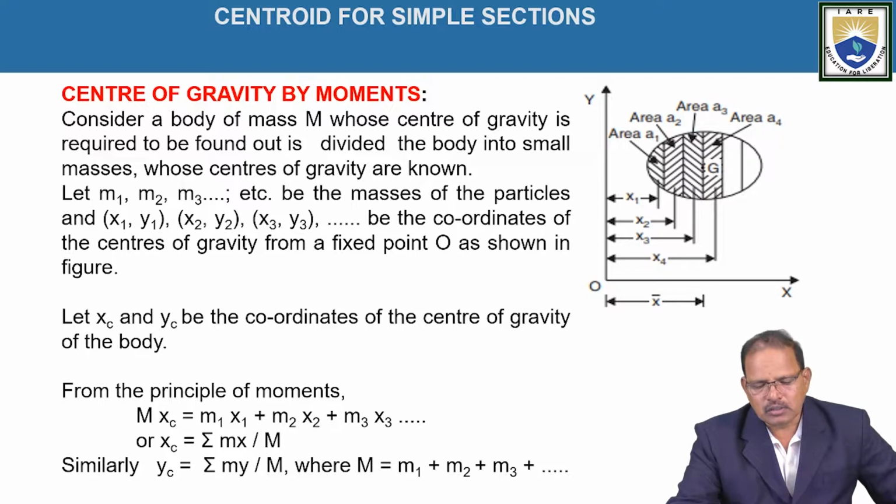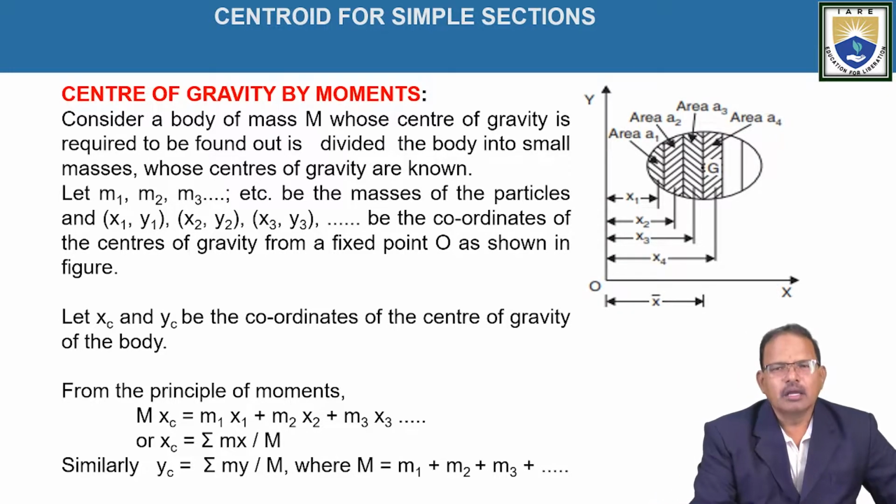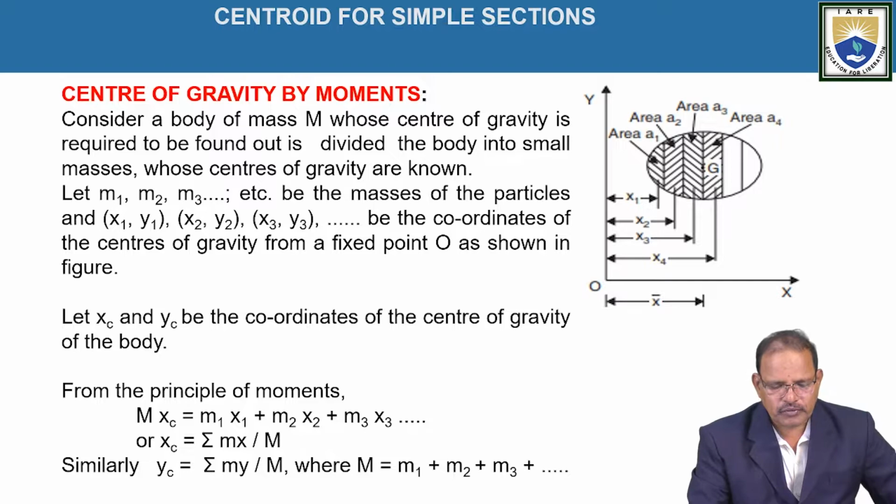Hence the moment created by the total weight at any point should be equal to the moments created by the segments having masses m1, m2, m3 or weights W1, W2, W3. Since g is a constant, we are assuming the gravitational field is uniform. Hence, according to the principle of moments, we can write M into xc equal to m1 x1 plus m2 x2 plus m3 x3.